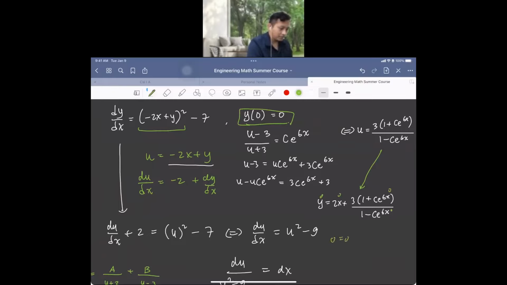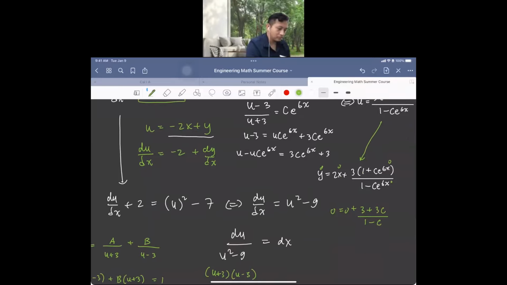So 0, 0 plus 3 plus 3c over 1 minus c, right? So 3 plus 3c is 0.